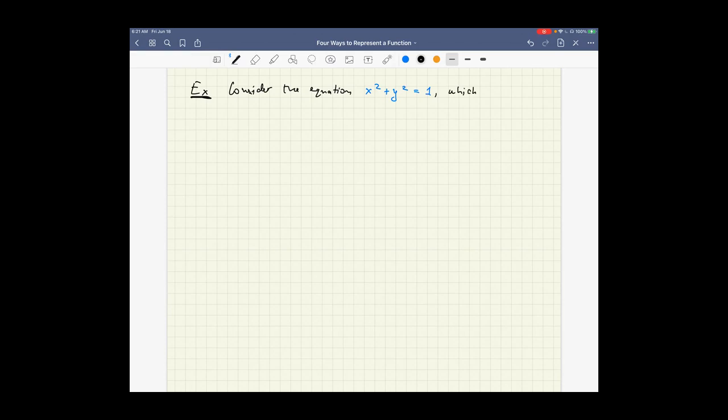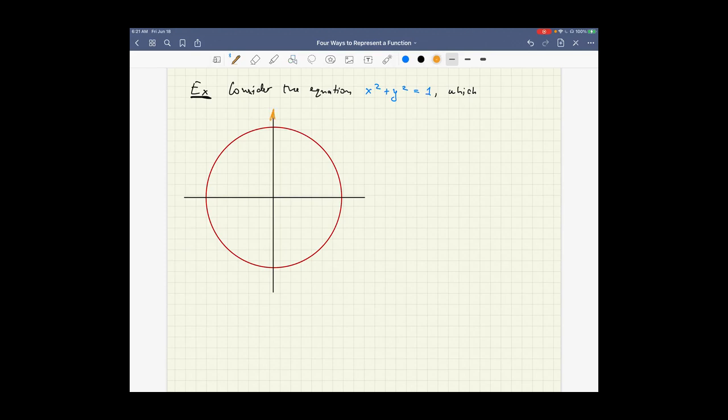More formally, the set of points in the xy plane whose coordinates x and y satisfy this equation form a circle of radius 1 centered at the origin.